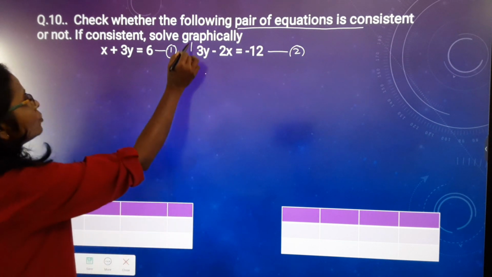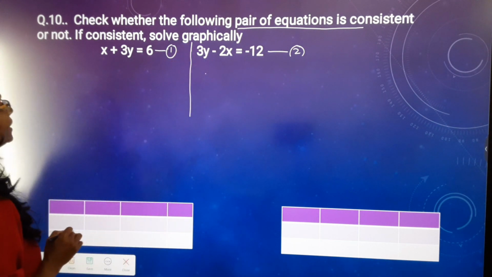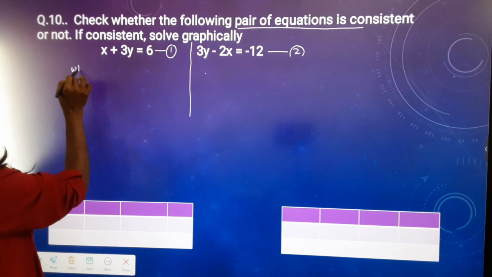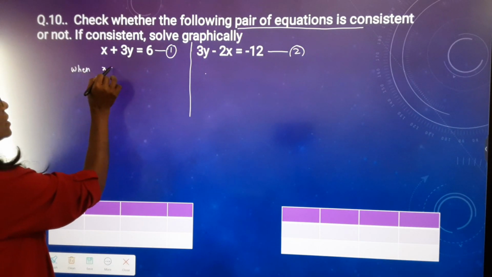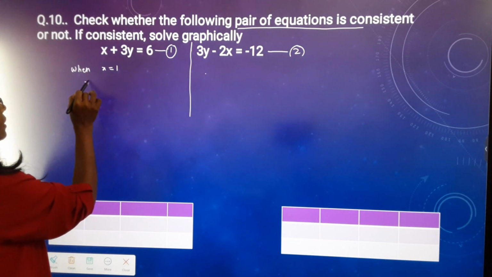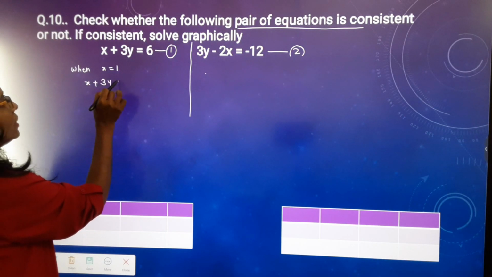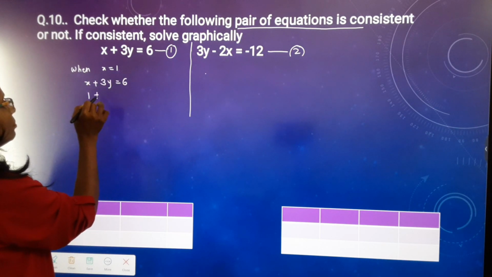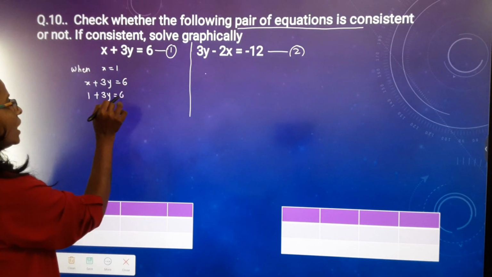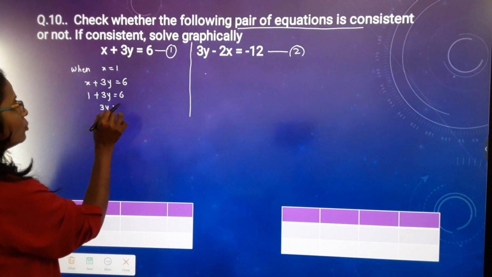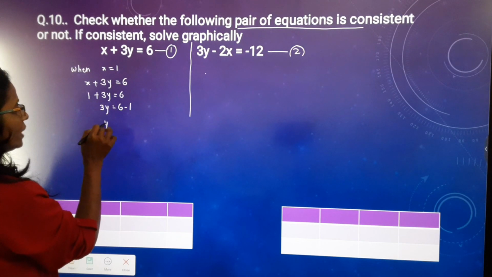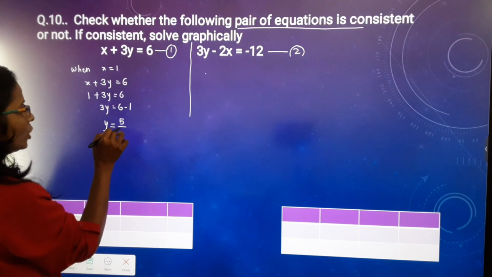So first we take the value x is equal to 1, then x plus 3y is equal to 6. That means 1 plus 3y is equal to 6. So 3y is equal to 6 minus 1. So that means y is equal to 5 upon 3.